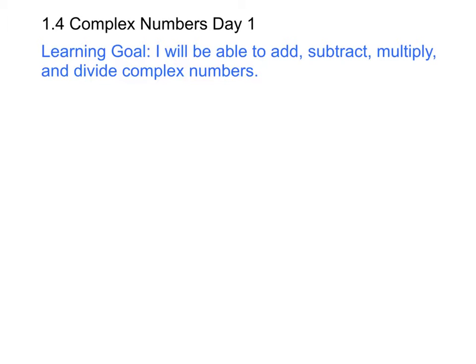If you remember, you can never square a negative number. So if you get something like this, and you try to square root both sides, you know that this will not be a real number.